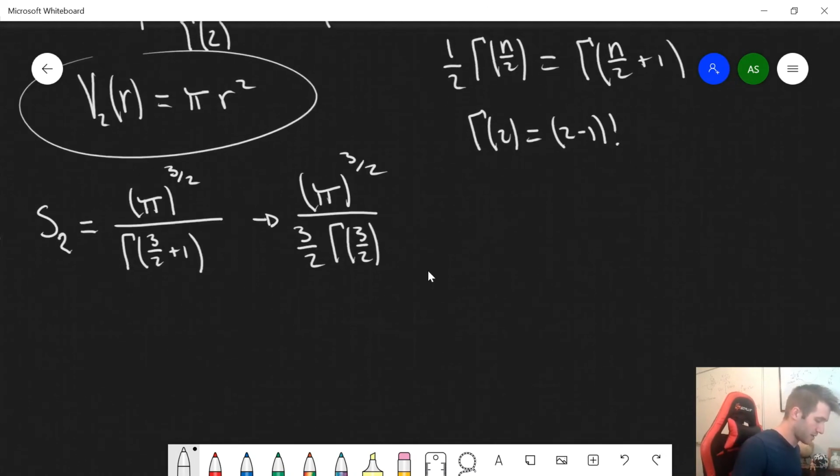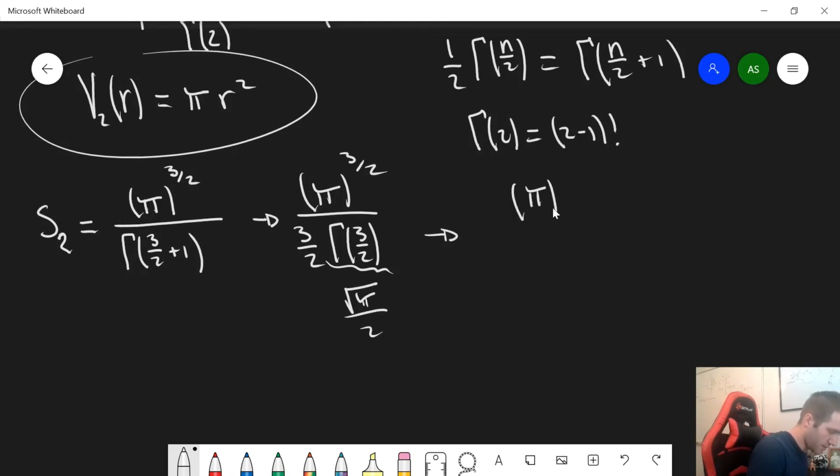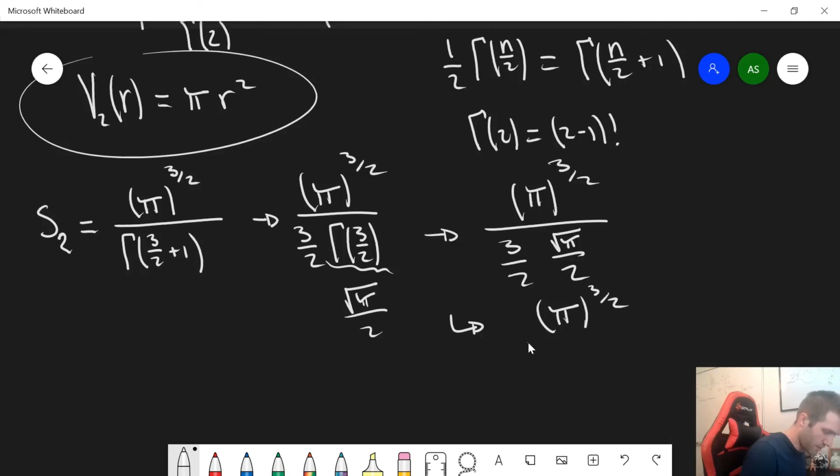So we can actually just fill in this portion here with the square root of pi over 2, which we have now pi raised to the 3/2 divided by 3 over 2 times the square root of pi over 2. Multiplying these out, that is going to give us pi raised to the 3 over 2 divided by 3 over 4 times the square root of pi.